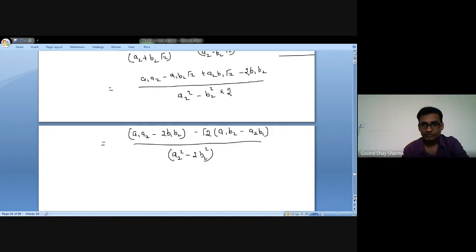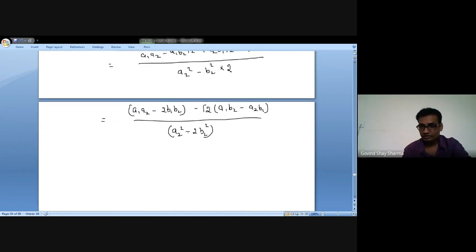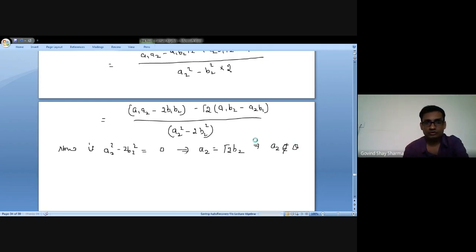Now, with comparison, we see that a2 square minus 2 b2 square must not be equal to 0, since otherwise a2 would not belong to Q. So a2 square minus 2 b2 square should not be 0.